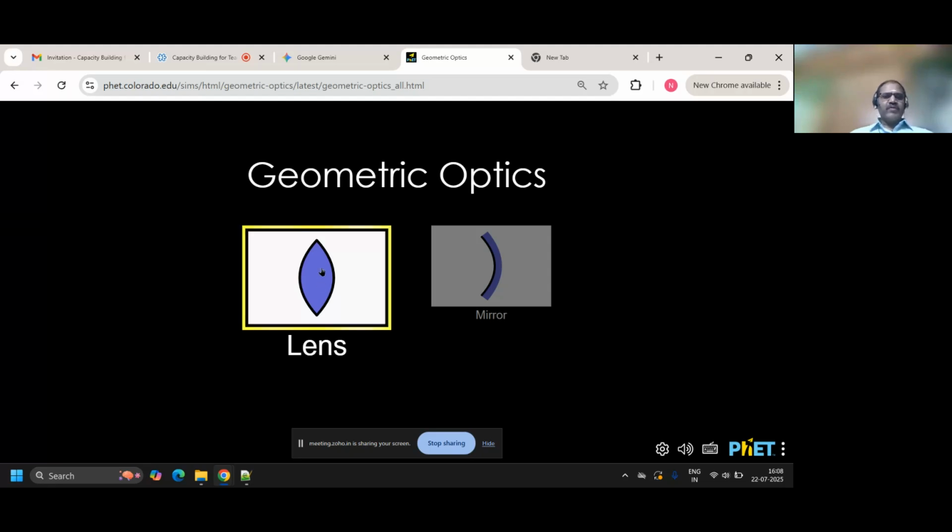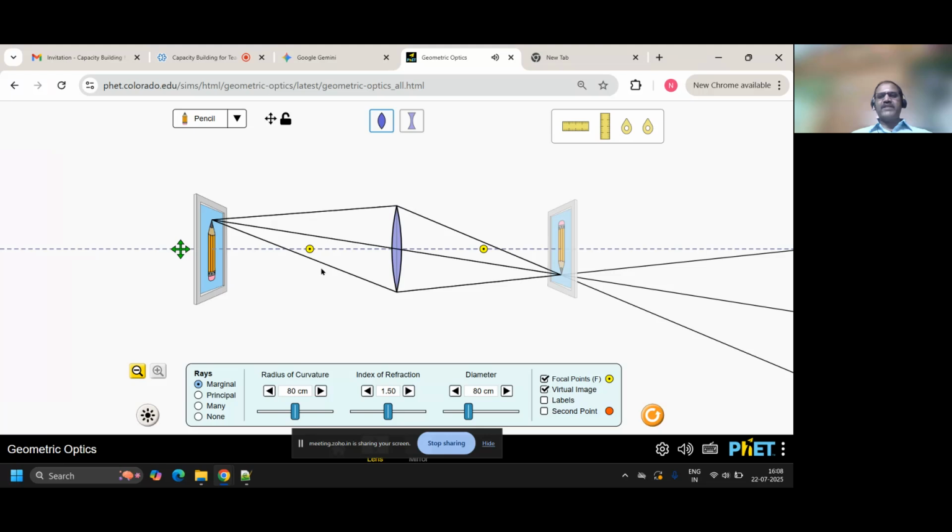For example, if the bi-convex lens concept comes in 6th, 7th or 8th grade, when you teach with simulation, students learn faster, right? So it is very easy. In the same way, for the teachers also, it is easy and faster to teach.